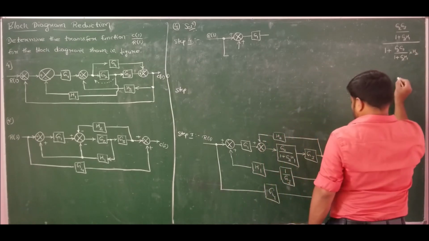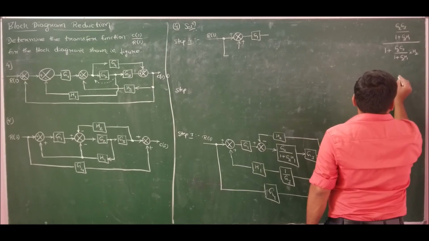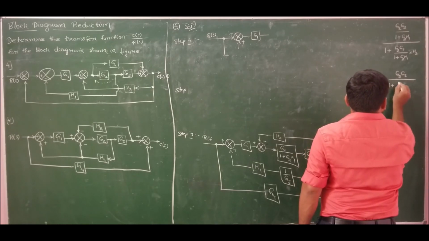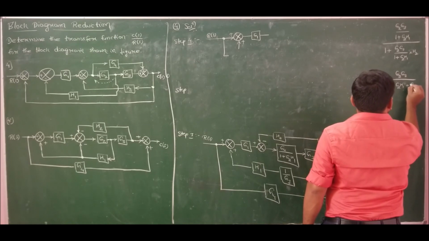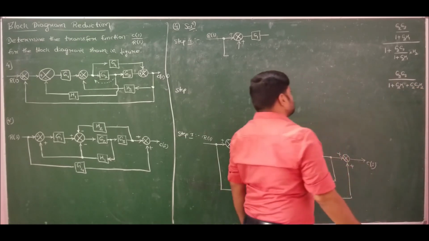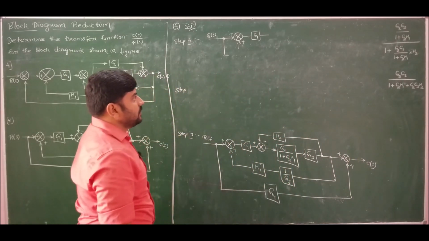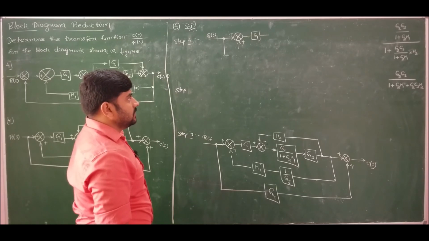So therefore the simplification will yield us the solution as G2 G3 divided by 1 plus G2 H1 plus G2 G3 H2. I took LCM and simplified.